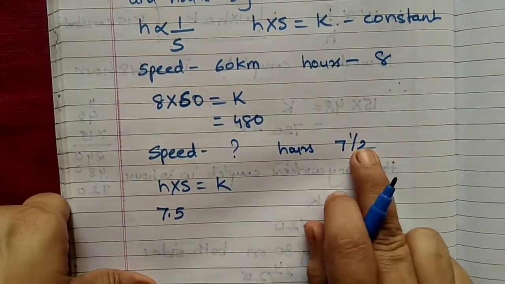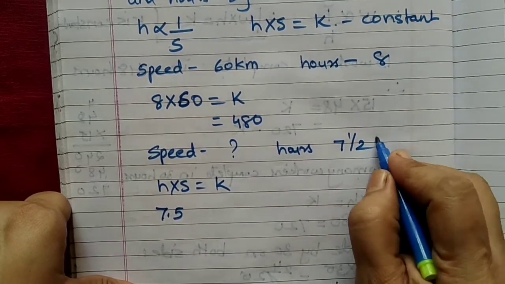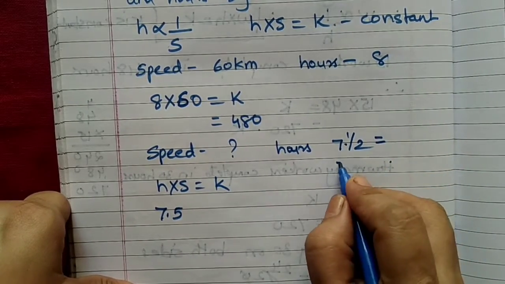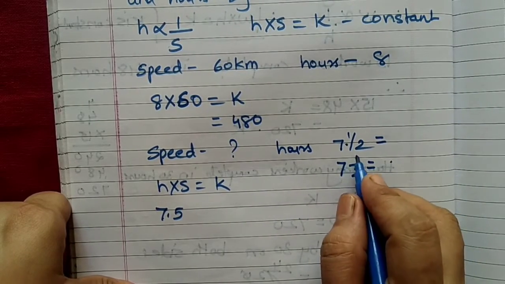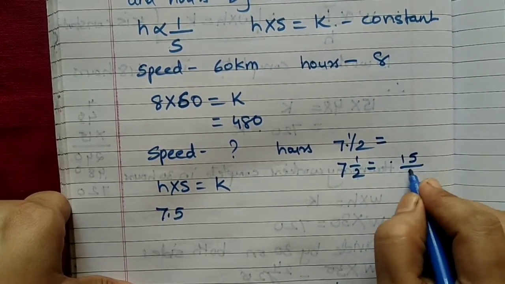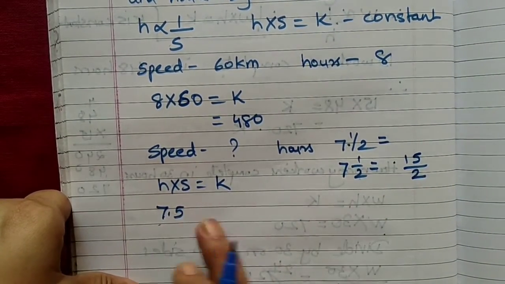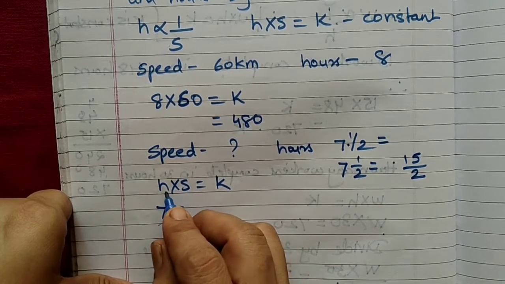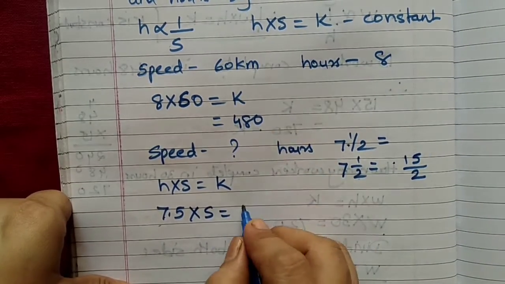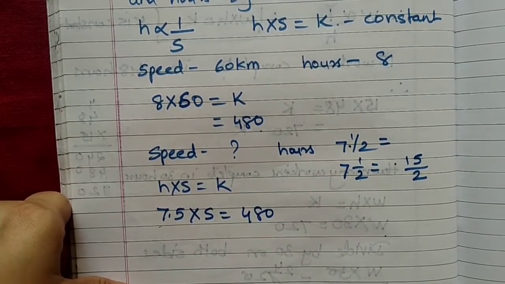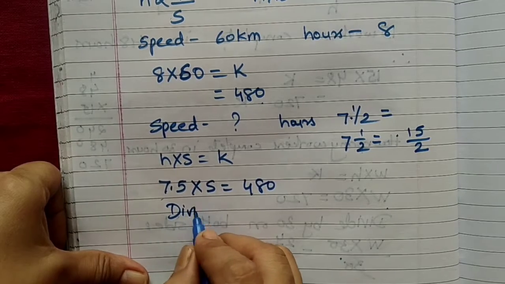So you can write it as 7.5, or as a mixed fraction, 7 1/2, and convert it into an improper fraction: 7 2s are 14 and 1 is 15, so 15 upon 2, which is 7.5. So this is 7.5 multiplied by S, which we don't know, equal to 480. Now, what do we have to divide by?